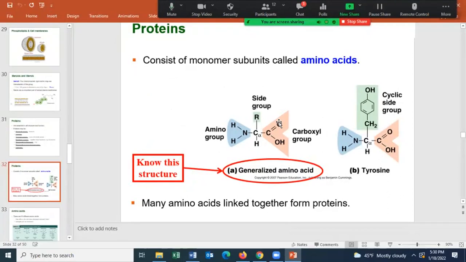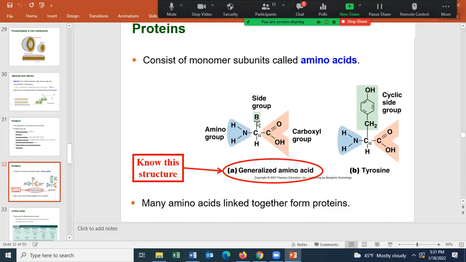So that means proteins are always polar because the amino group is polar and the carboxyl group is polar. There's always a hydrogen attached to the central carbon, and then an R group on the last link that binds to the carbon.